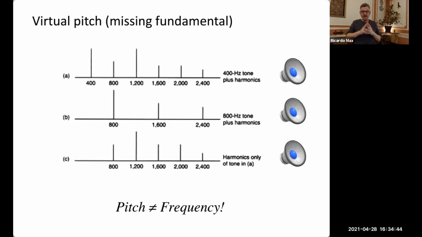So just like we had metamers with the colors, here we have the same pitch for completely different physical energy. Here we also have one more thing, which is the timbre, because we do hear it, this and this, even though it's the same pitch, they have different identities, they feel different.